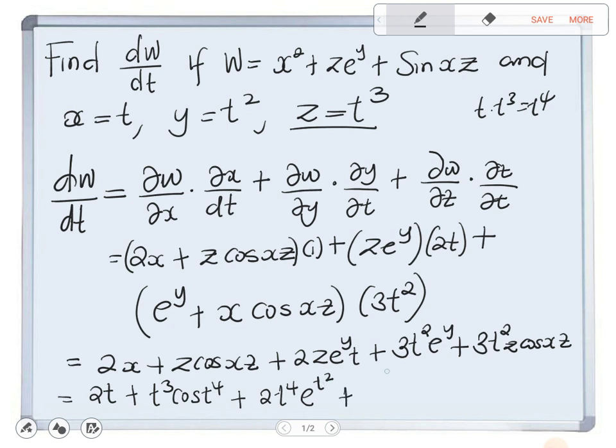Plus, here we have 3t squared, this would just remain the same, and e to the power t squared.